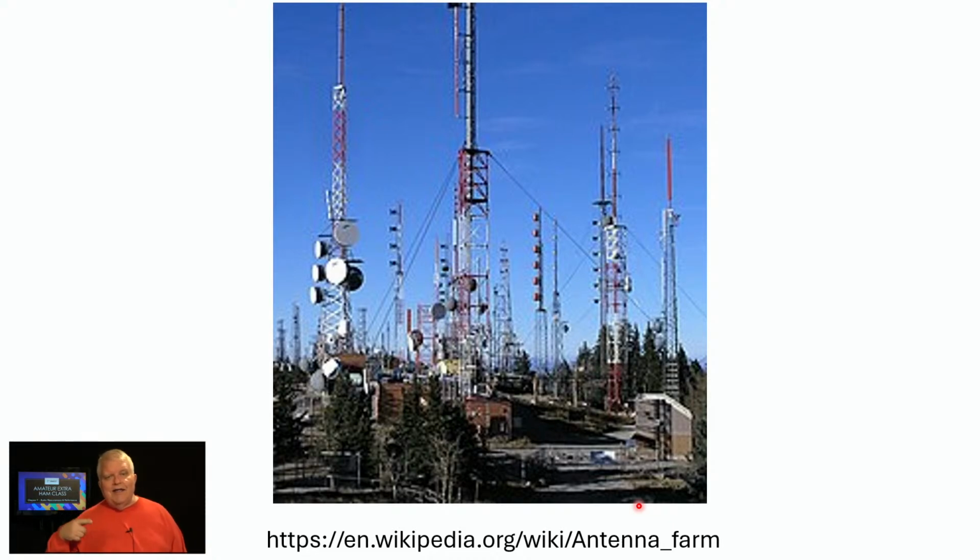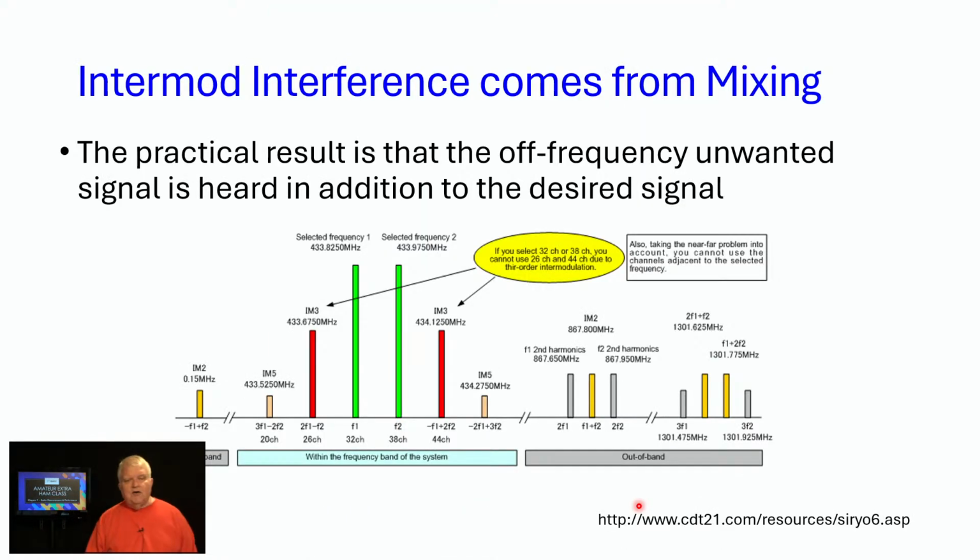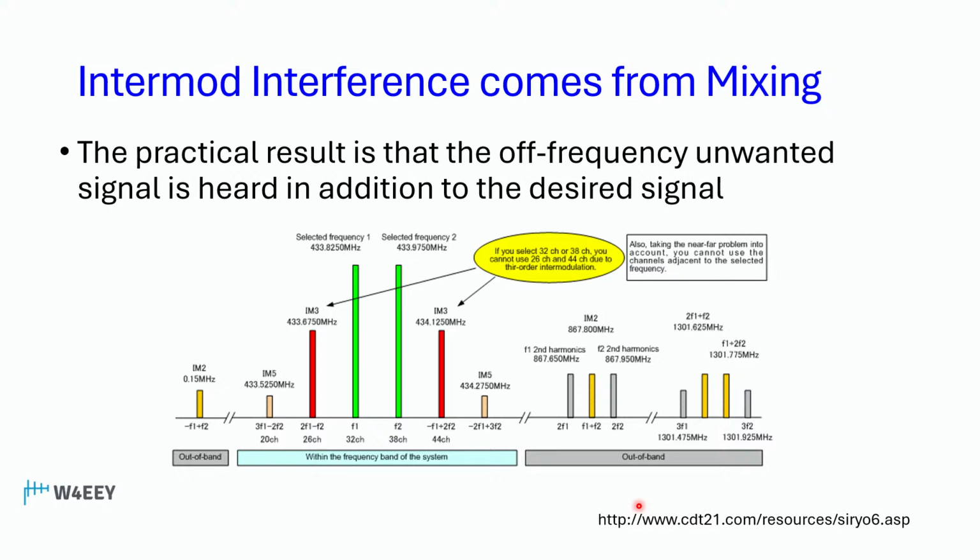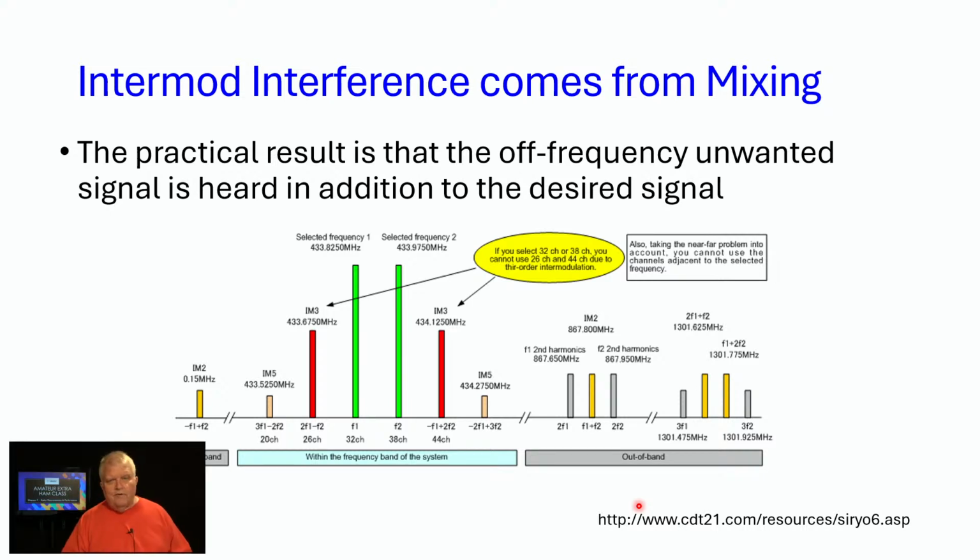There it will mix with signals and be re-radiated as more garbage. So intermodulation interference comes from mixing of various signals in a hodgepodge of antennas and transmitters. The practical result is that you have off-frequency, unwanted signals heard in addition to the desired signal.